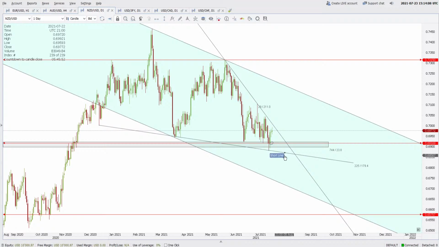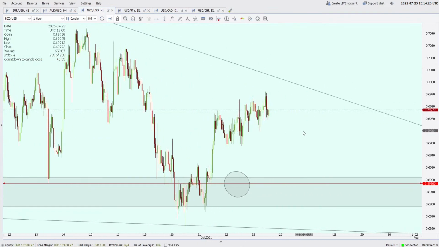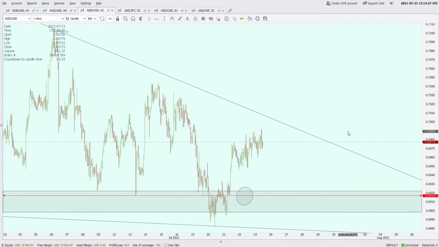Either the price will now come down and may take support from this very good support here, which previously was a resistance, or there is a chance that the price will start falling from here and then it will act as a good resistance. But as of now, there's nothing on the chart. There's very little movement, I must say, on this chart.